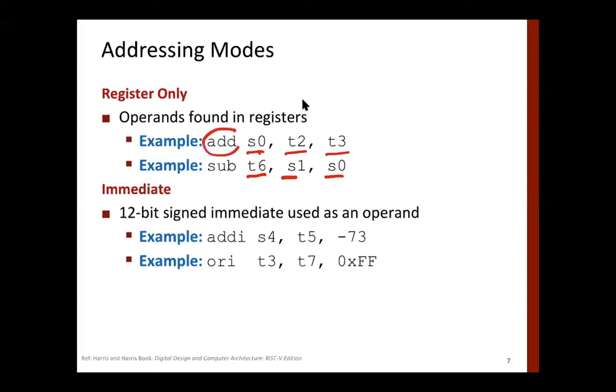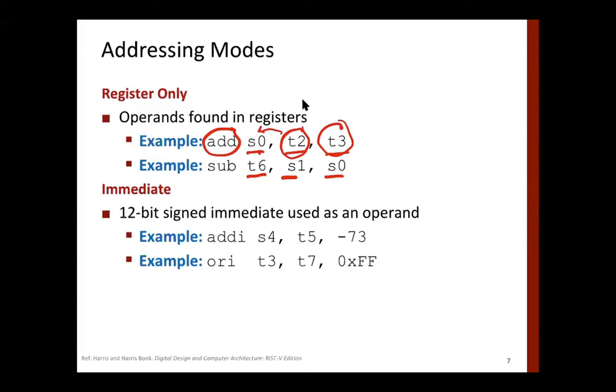This is the opcode; it says what to do, and on what. There are two operands on which the operation is done, and finally where the value will go. In this case, take the contents of T2, add to that the contents of T3, and store them in S0.